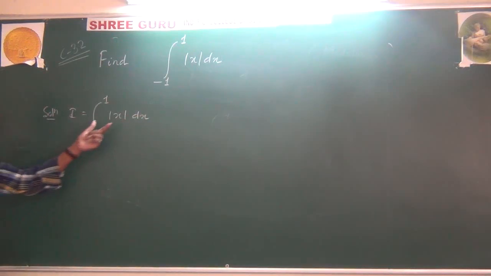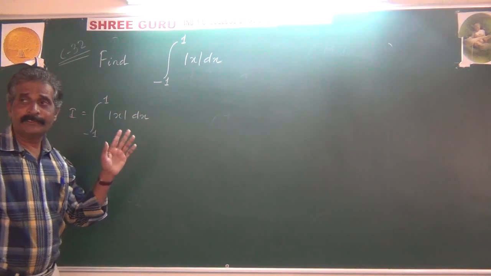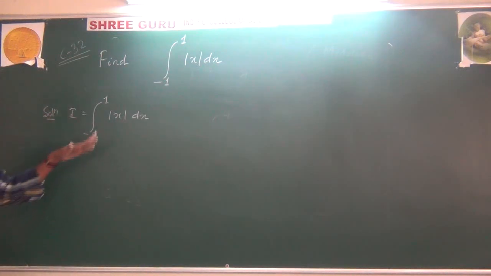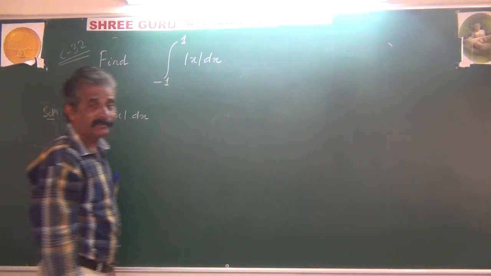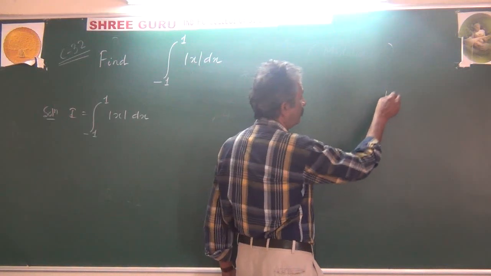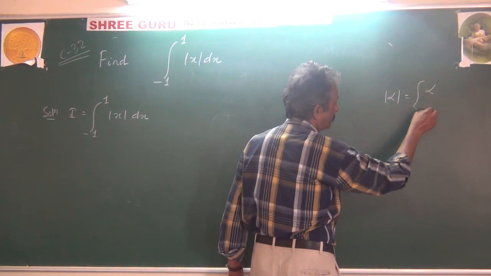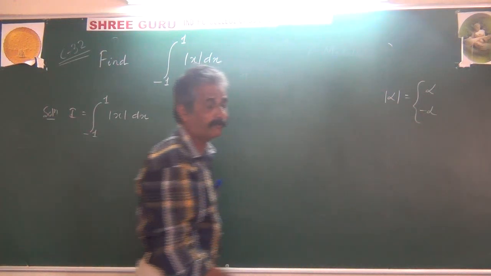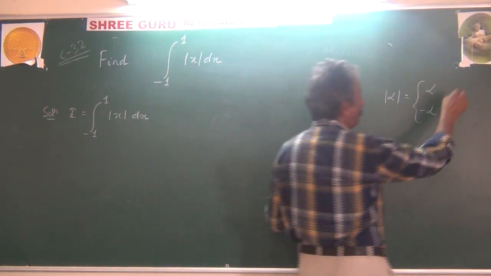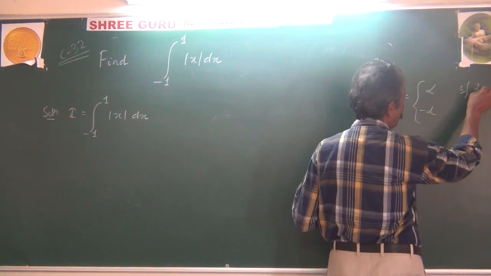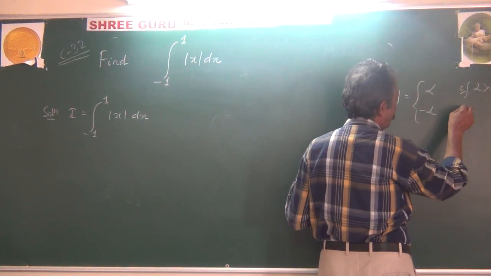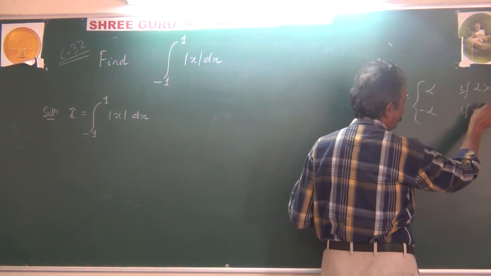If it were normal x, you can write integration of x is x square by 2, but it is modulus. We apply the definition of modulus. What does the definition say? Modulus of alpha equals plus alpha if alpha is positive, minus alpha if alpha is negative.